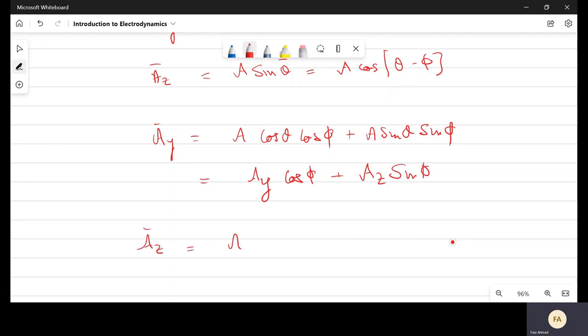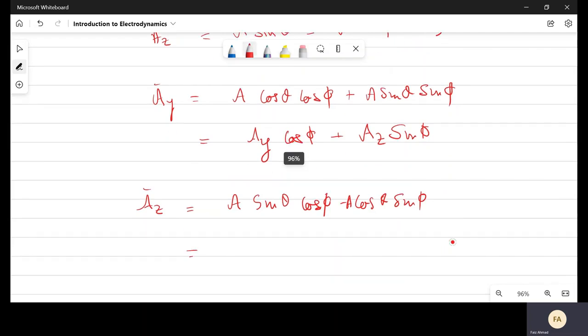Similarly for az bar, A sine of theta cosine phi minus A cosine of theta sine phi, and this quantity is az cosine phi minus ay sine phi.